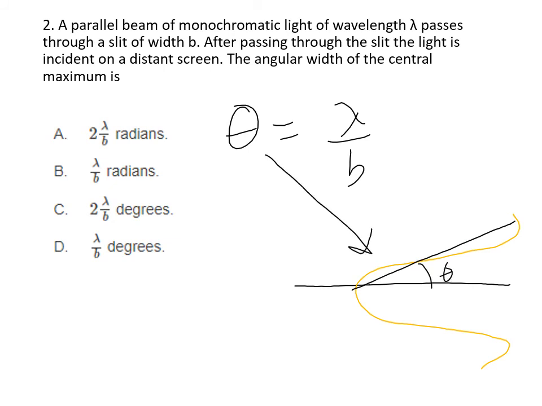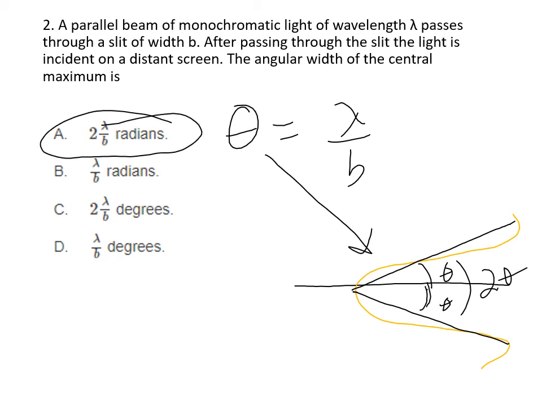That's what this equation tells you. So if you want the width of the entire central maximum, you need to double it. 2 times theta is the width of the central maximum. So in this case, it would be 2 lambda over b radians.